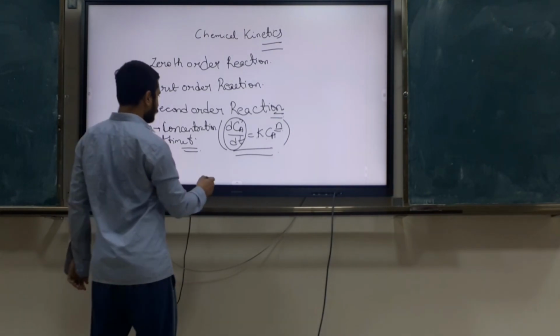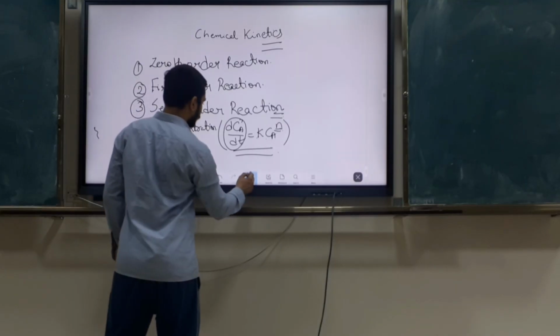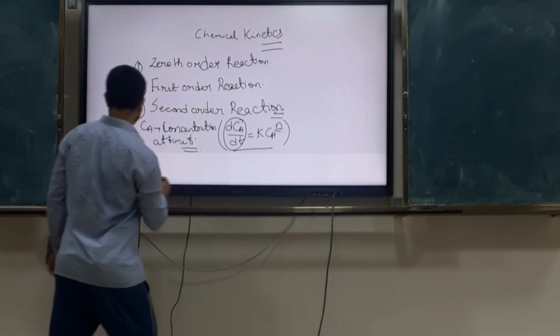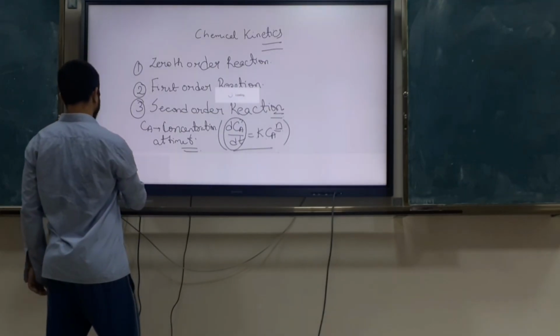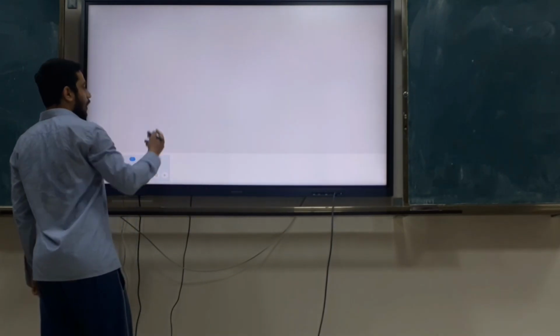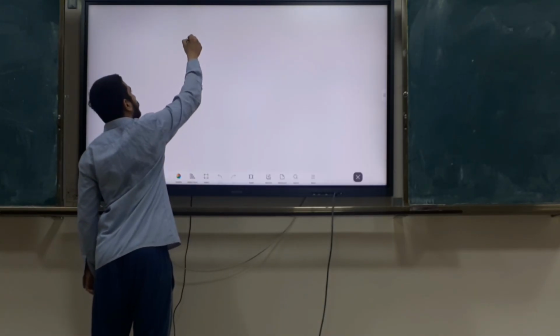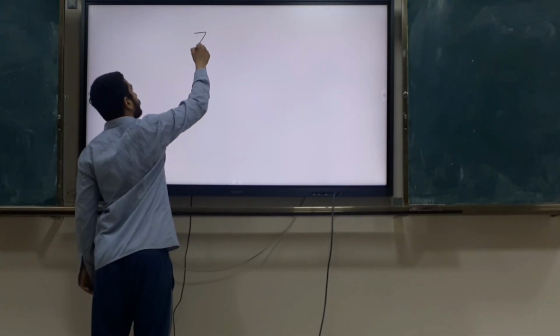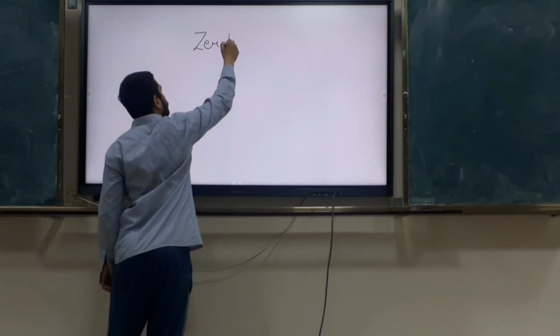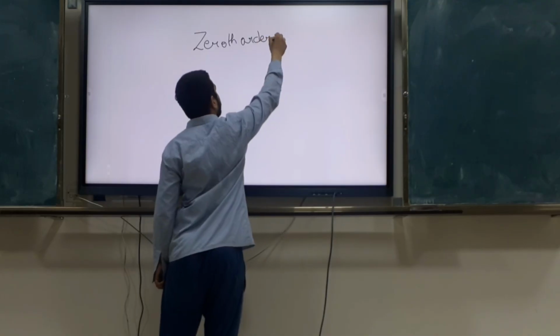So now we will see how we will define this zeroth order reaction.